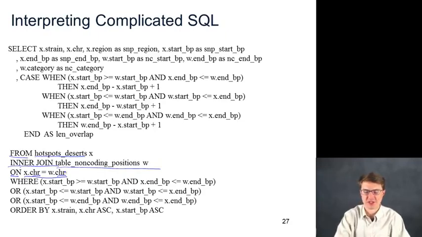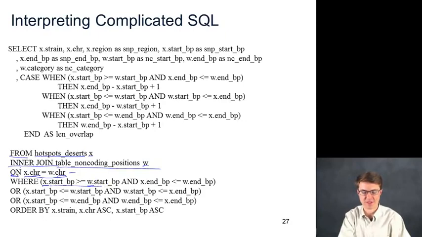Okay, so fine. So this looks ostensibly like the join condition, but if you look at the where clause, I want to make a point here that the table referred to as X, this hotspot deserts, and the table referred to as W are involved in additional conditions down here. Okay, and so these are actually join conditions as well, right?